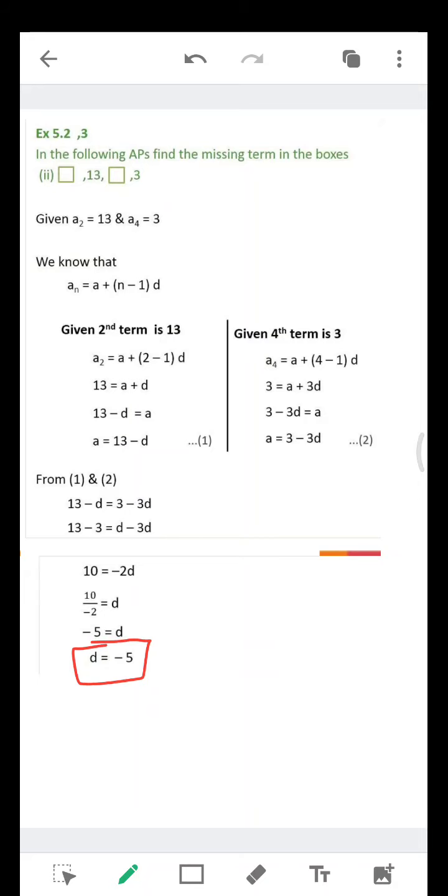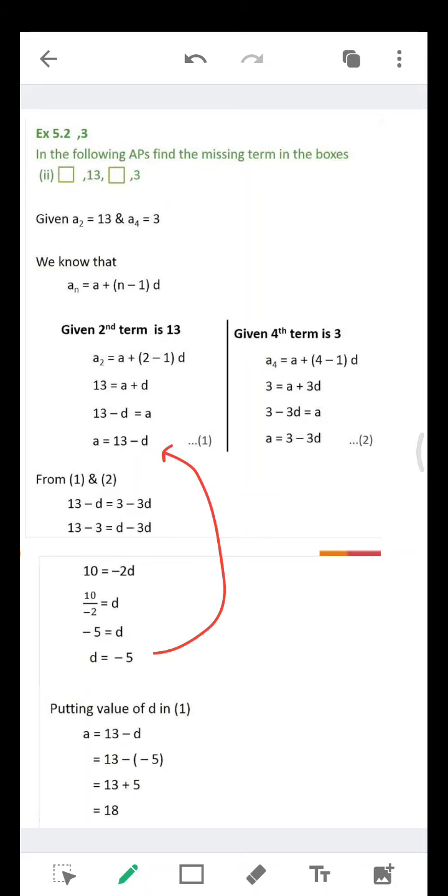Now we need to find the value of A, then we can find the missing terms. So A value will be 13 minus D. I'll put this D value in equation number 1. 13 minus of minus 5, 13 plus 5, that is 18. So we have got the values of A and D.